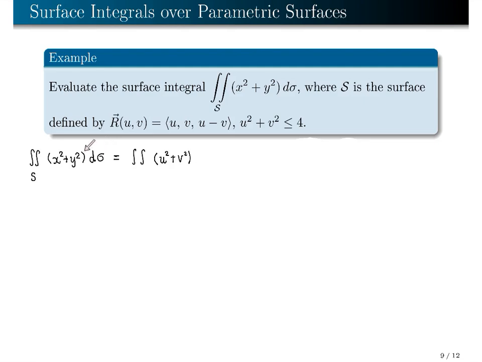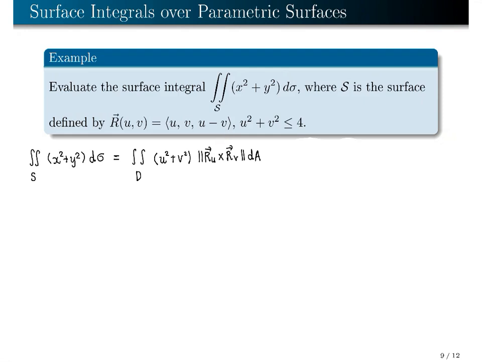Recall that d sigma becomes the magnitude of Ru cross Rv dA over some region D. Before we can continue, we need to identify the magnitude of Ru cross Rv and the region D in the uv plane. We start with the magnitude of Ru cross Rv.